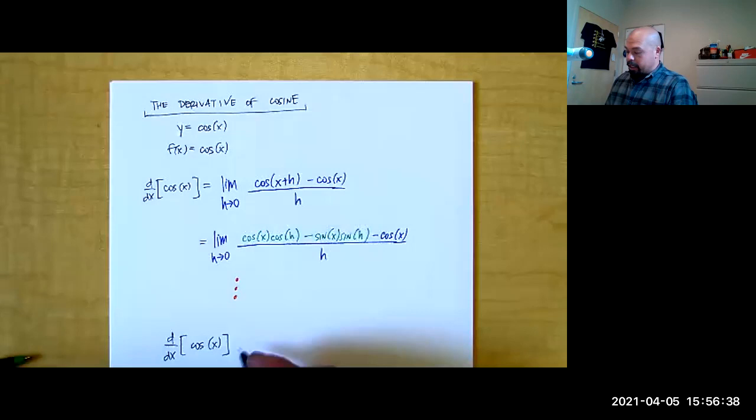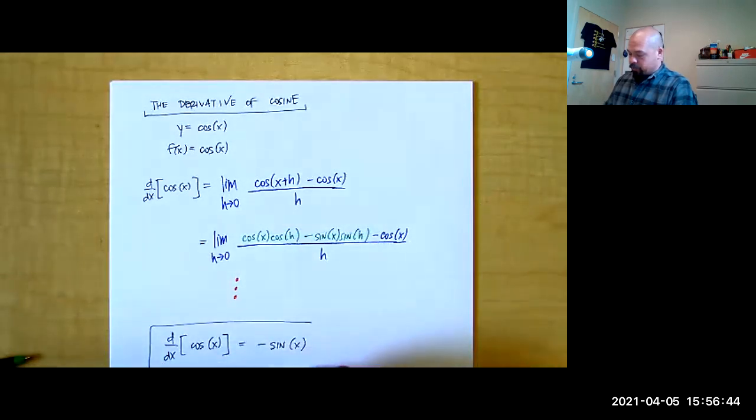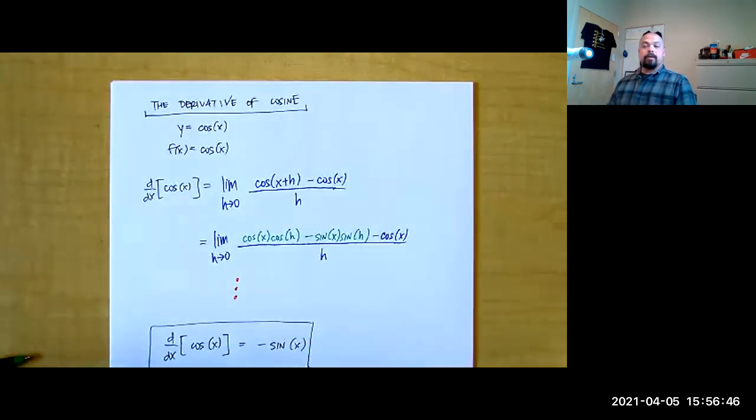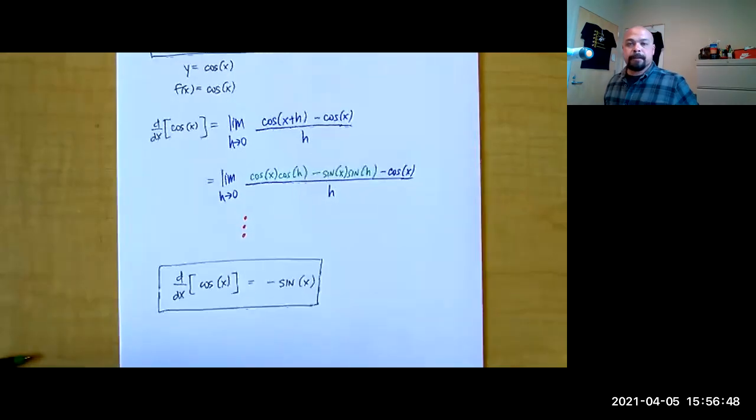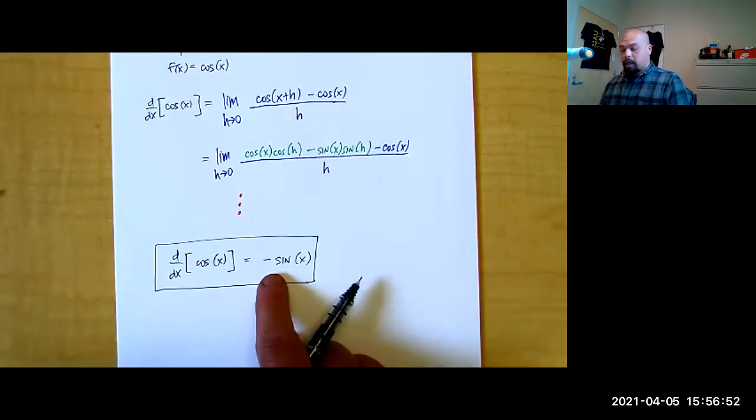It's going to be equal to the negative sine of x, the opposite sign. You turn the positive into a negative sine of x. So we get this negative showing up.